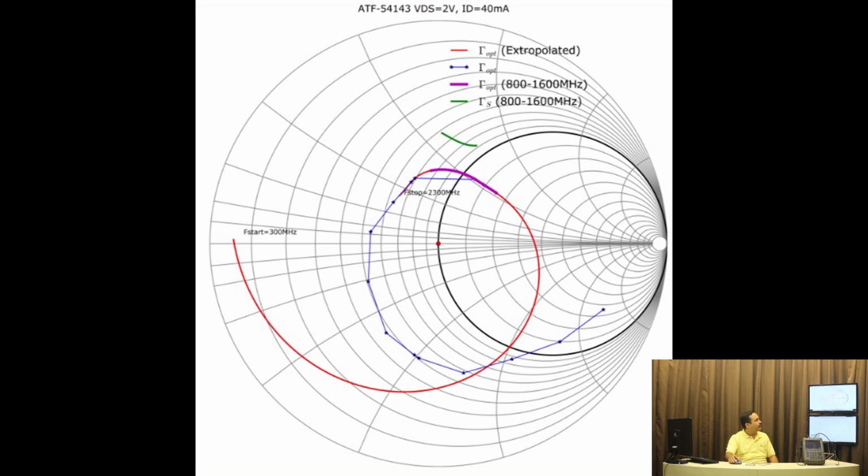You have blue, which is the data from the manufacturer, red is the extrapolated data points, while the magenta line is the gamma opt in the frequency range of interest, that is between 800 megahertz and 1600 megahertz, while the green line, which is gamma source, that is the reflection coefficient of the source when the 50 ohm source is combined with the input matching network.